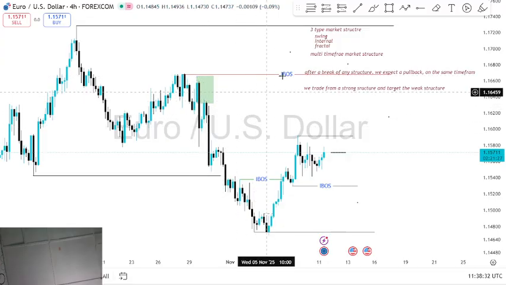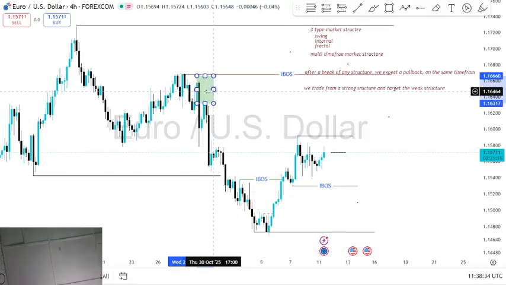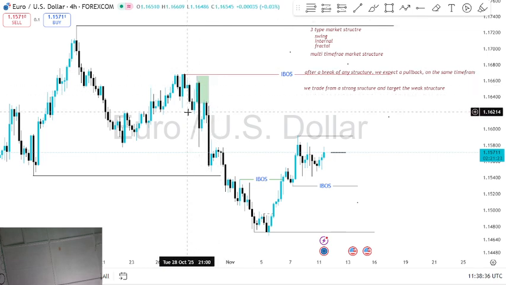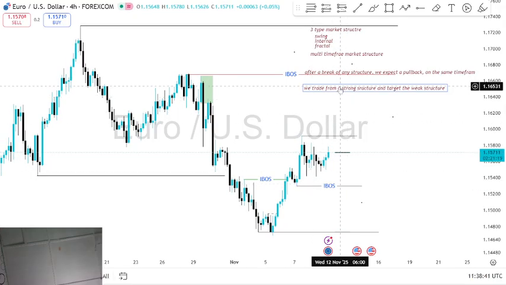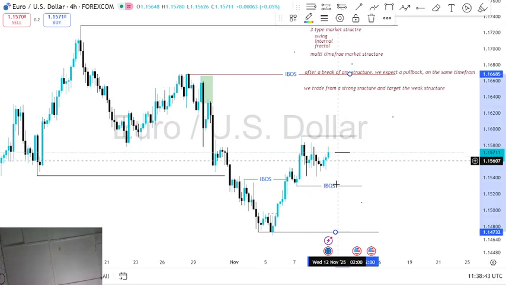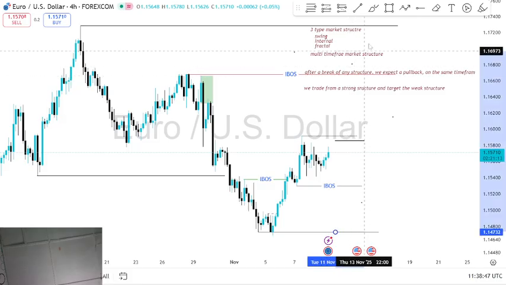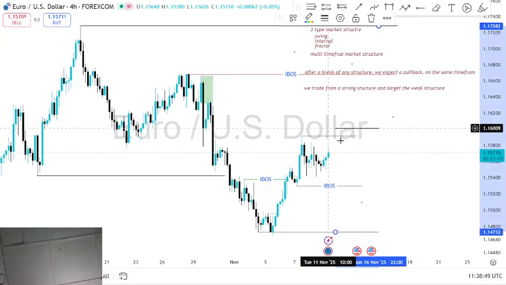We can see all of this zone has limit. It is not about a new one here, but we are expecting a pullback into this zone. We are expecting a pullback into EQ. If I extend the swing structure and see, we are expecting a pullback into EQ.